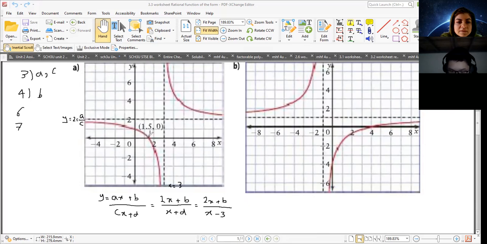The zero in the numerator should be 1.5. So 2 multiplied by 1.5 plus b should be equal to 0, because the zero of the numerator is my x-intercept. So b should be negative 3. So it's 2x minus 3 divided by x minus 3.